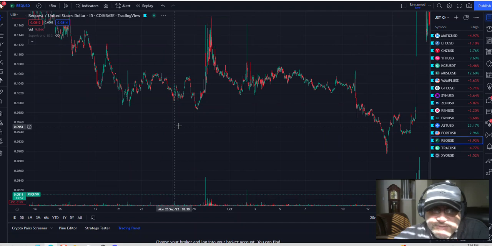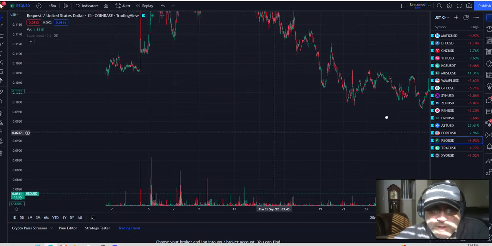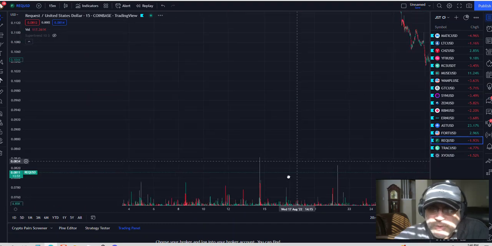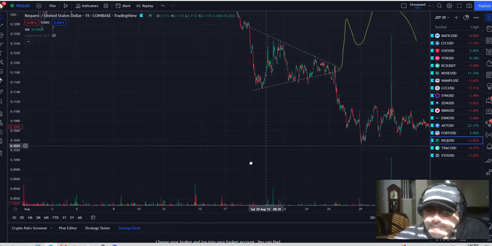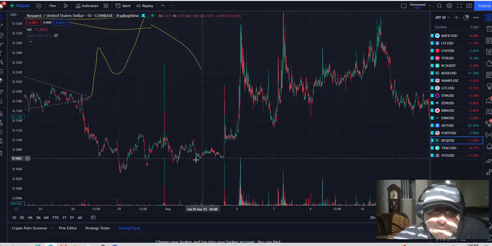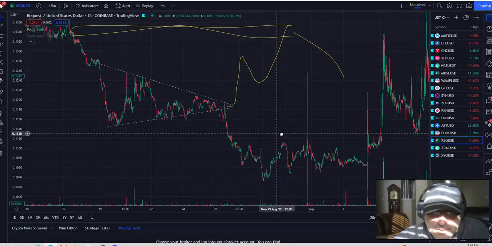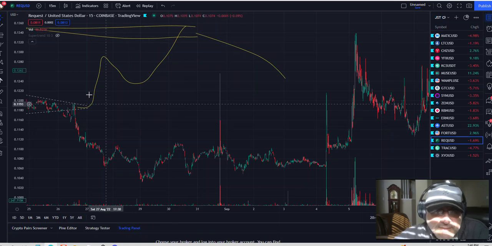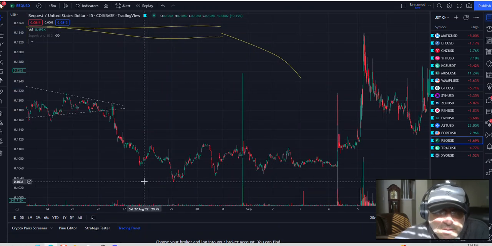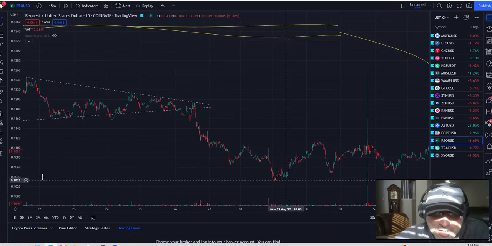So we got to go back and find the structure where we were. That's the only pain about this, but it's because we're back testing. Of course, if you're doing it in real time, you're not having to go back and find everything like this. So let's pretend like we're trading this.